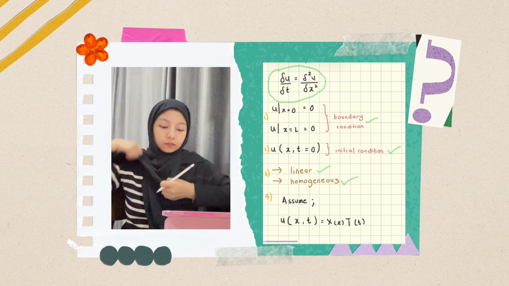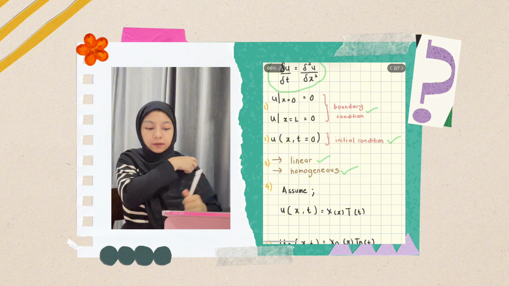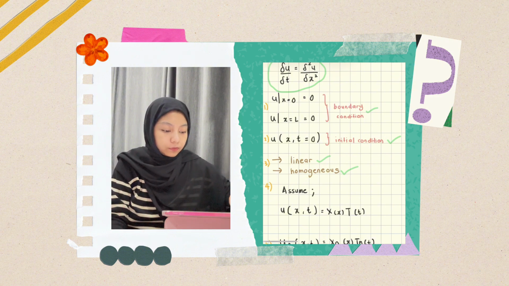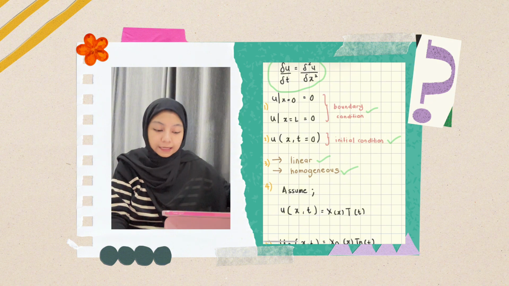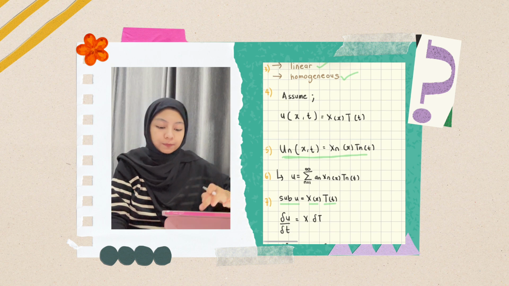As you can see, the PDE problem right beside me, these two are the boundary conditions, and this is the initial condition, in which the function u at time 0 is some arbitrary function of x. Note that in this PDE problem, both the differential equation and the boundary conditions are linear and homogeneous.